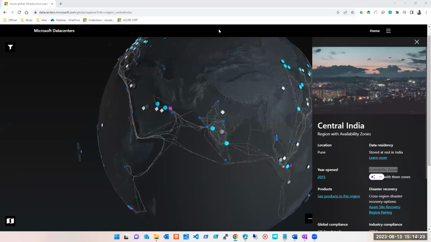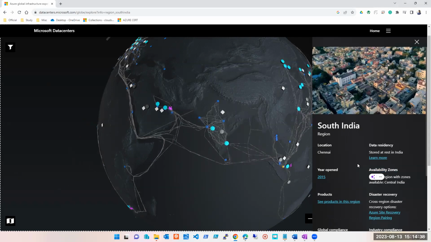But is this clear to you that availability zone is not a different region, not a different category or something, it's just a feature. If you click here, let's see, this is Central India, it's a region. I'm clicking on this, and then it shows whether the availability zone feature is available or not. Is this clear, guys, to everyone?